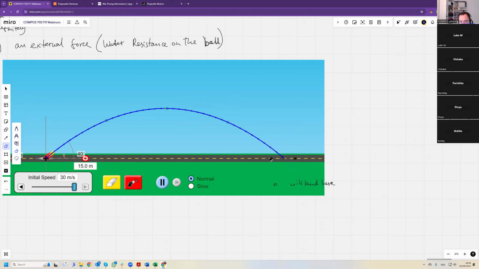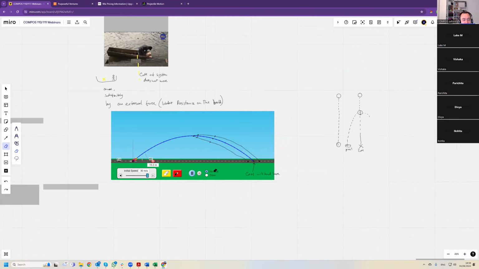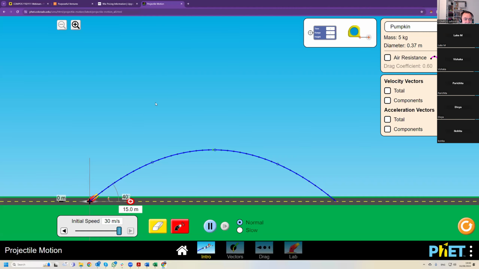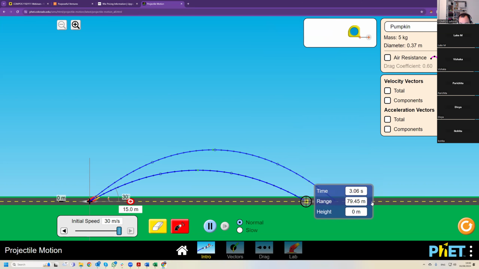I'm going to be lazy here, and I'm just going to use my system. I'm just going to change the angle to 30, and I'm just going to shoot, and I'm just going to measure the distance where it lands.